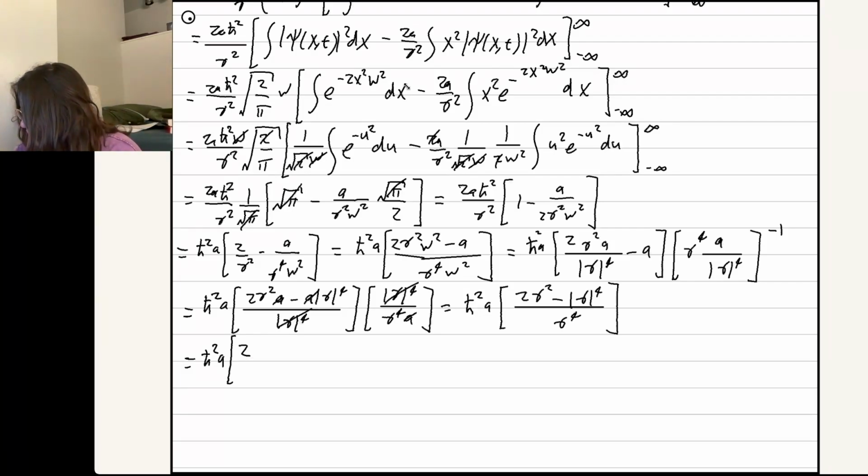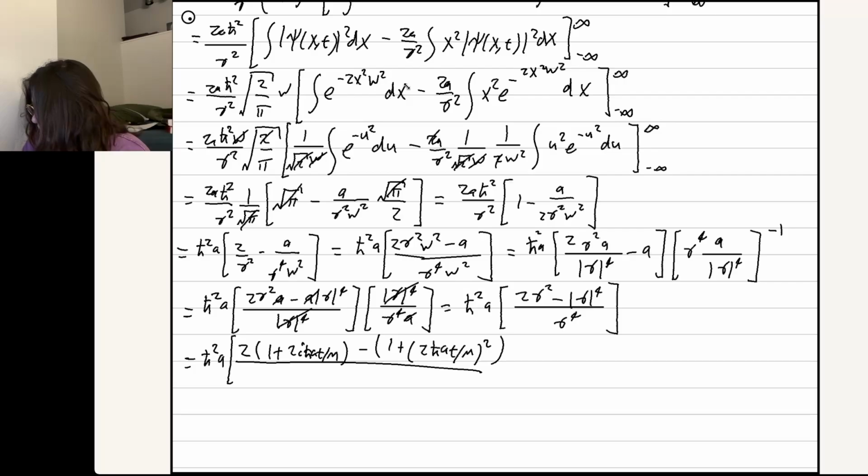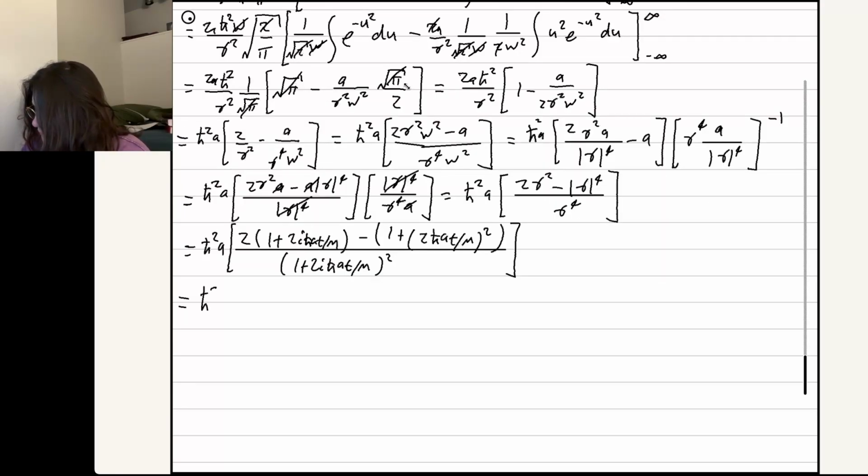So we have 2 times 1 plus 2i h bar at over m and we have minus mod gamma fourth ends up being 1 plus 2h bar at over m squared. And then gamma to the fourth ends up being 1 plus 2i h bar at over m squared. Right?